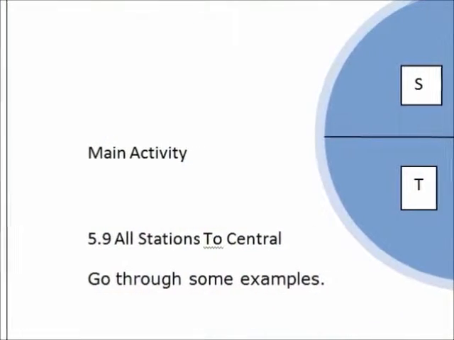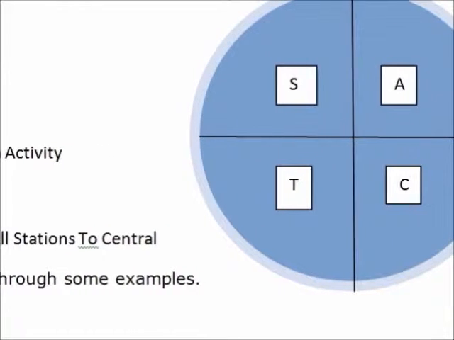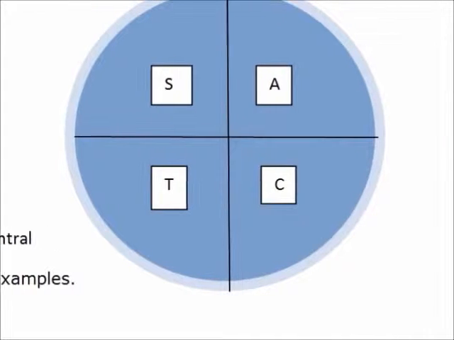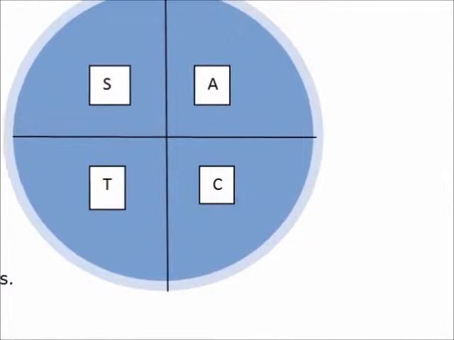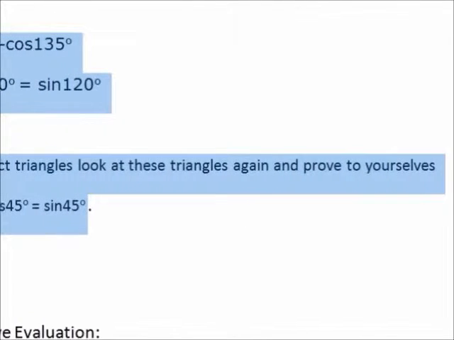So lesson 5 then goes through all stations to central, and that'll give the kids a chance to remember which trig functions are positive in which quadrants. And just a couple of examples there of those complementary functions.